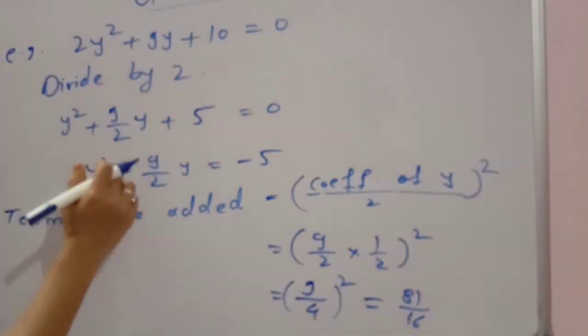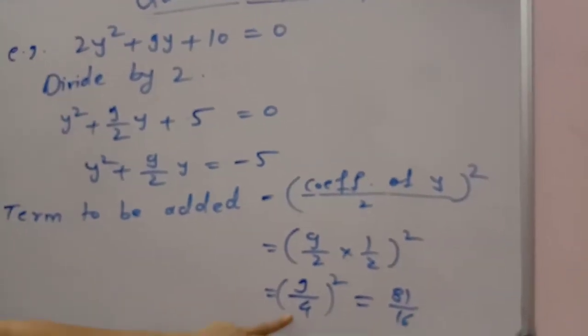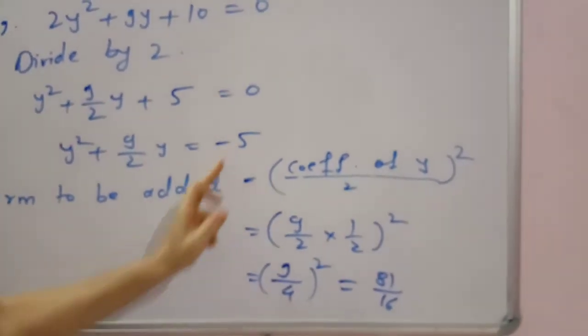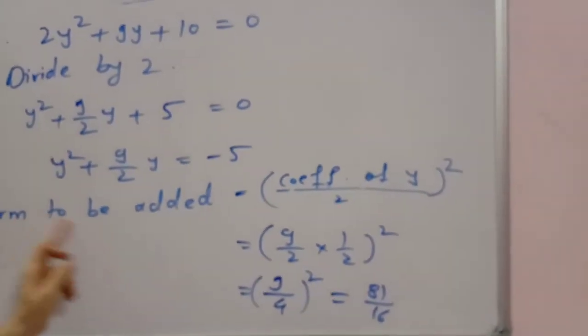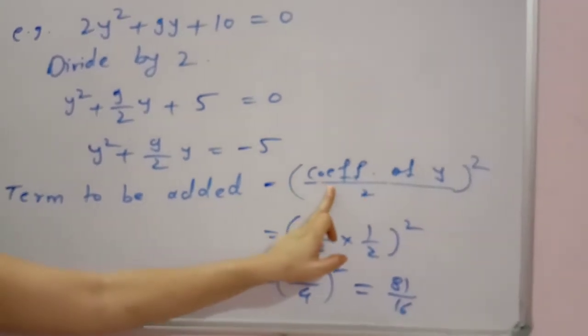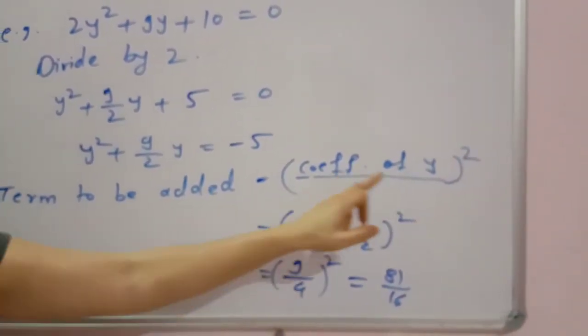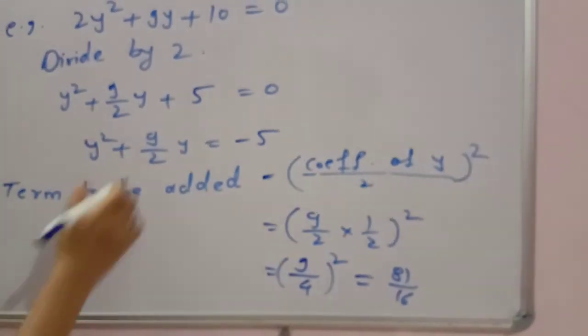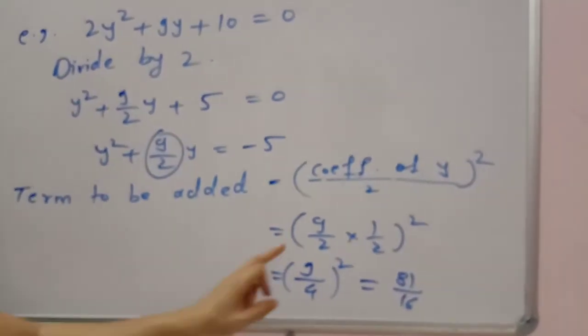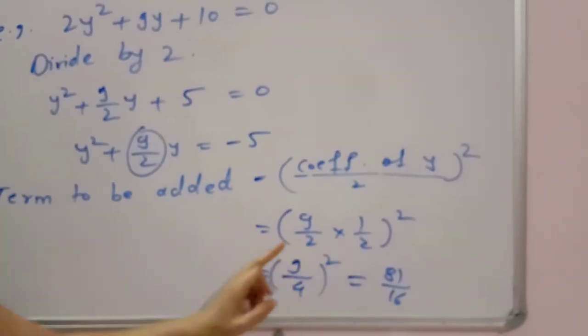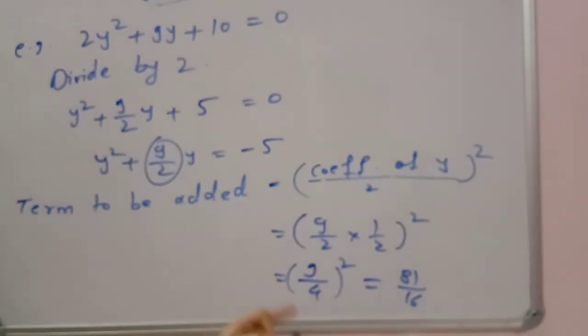Okay, so add. Now I have to rough this because there is no place. You just see neatly again. Which term do we have to add? Coefficient of y upon 2 bracket square. The coefficient of y is this one, 9 upon 2. Divide it by 2 means multiply by 1 upon 2. And just take the square of it.